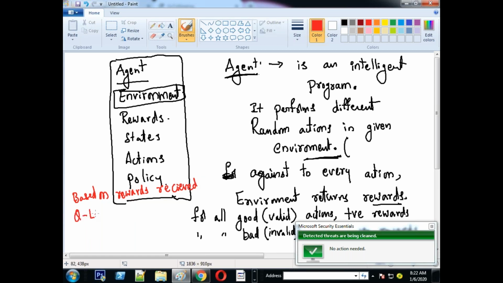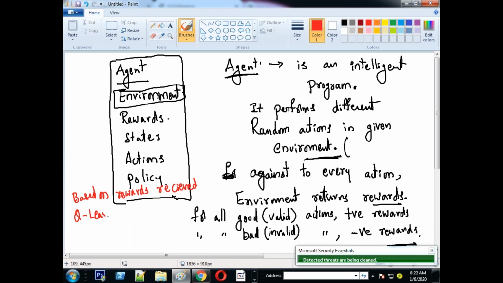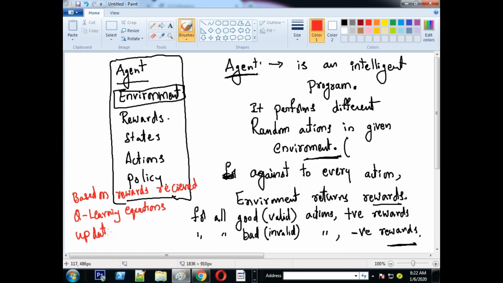Q learning equations update knowledge of a agent. So once again, I repeat the point. Initially, agent is not having any knowledge about the environment and environment rules.